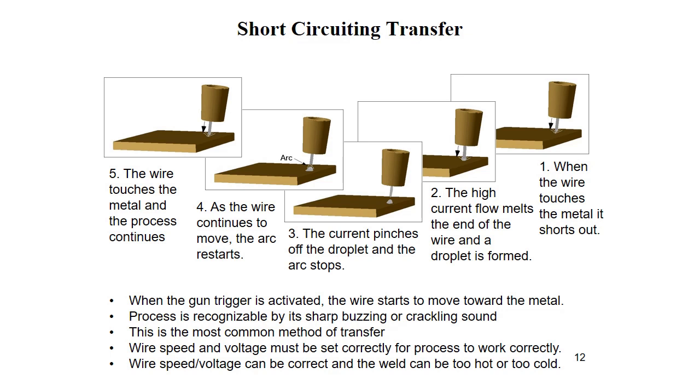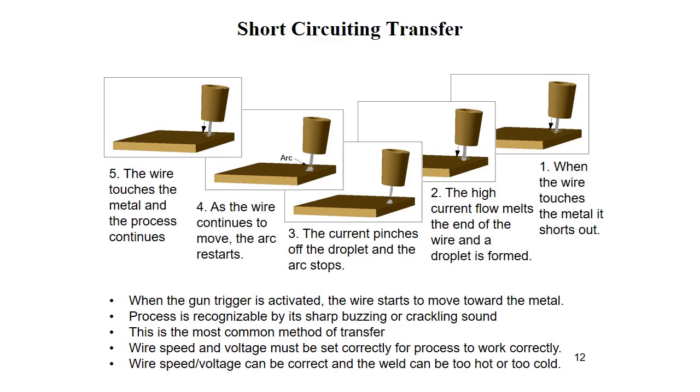The current pinches off the droplet and the arc stops for just a sliver of time. And then as the wire continues to move, the arc restarts. So you have an arc going for just a second, and then the wire touches the metal and the process continues. So there's this constant process with short-circuiting transfer mode of the wire touching and melting the base metal.